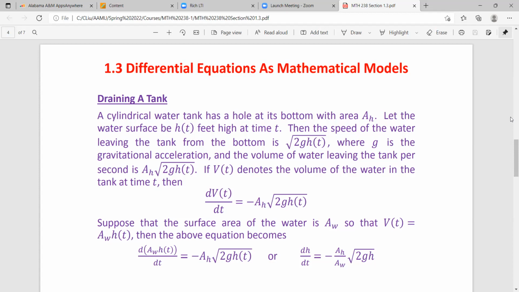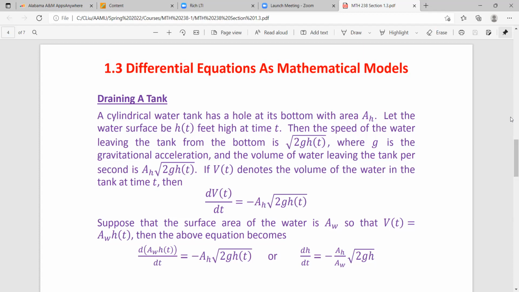So I didn't put explicitly the dependence on time of h in the equation, but we know h is a function of time t. And if you can see the left-hand side, that automatically tells you h is a function of t. So we don't have to write that down.